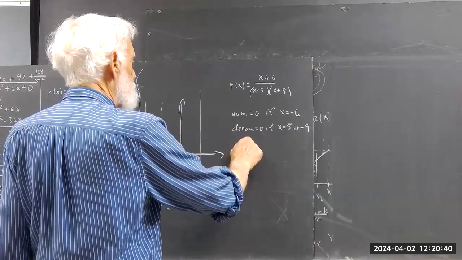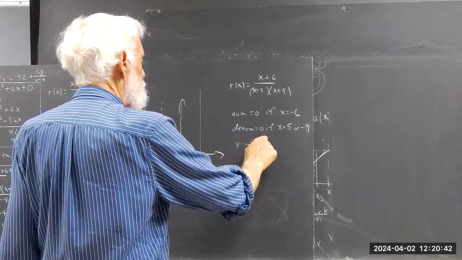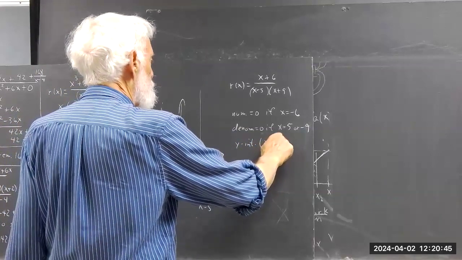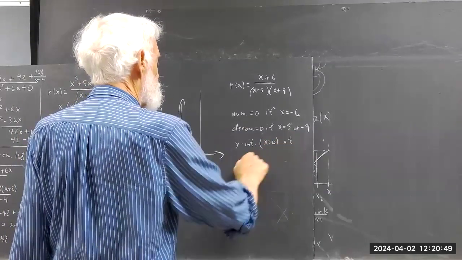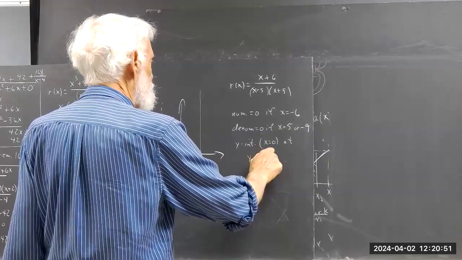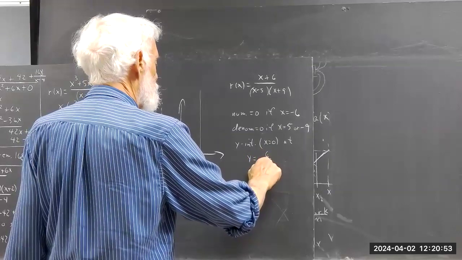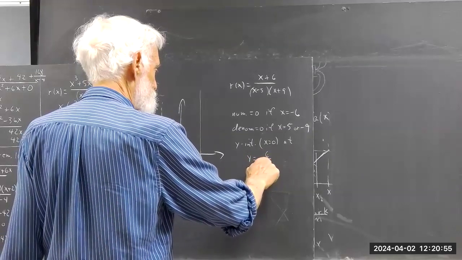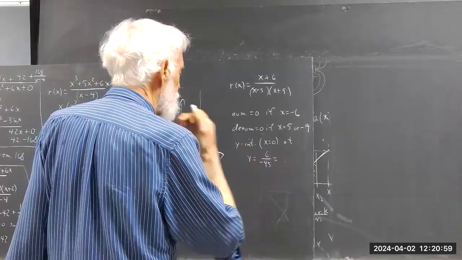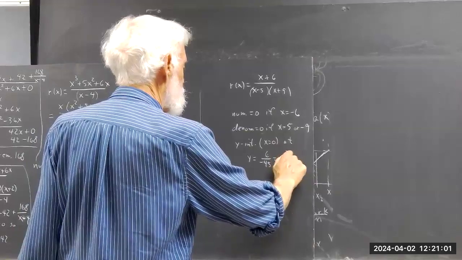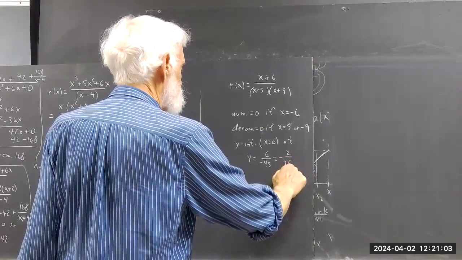My y-intercept is where x equals 0, which is at y equals 6 over -45. So that reduces down to -2 over 15.